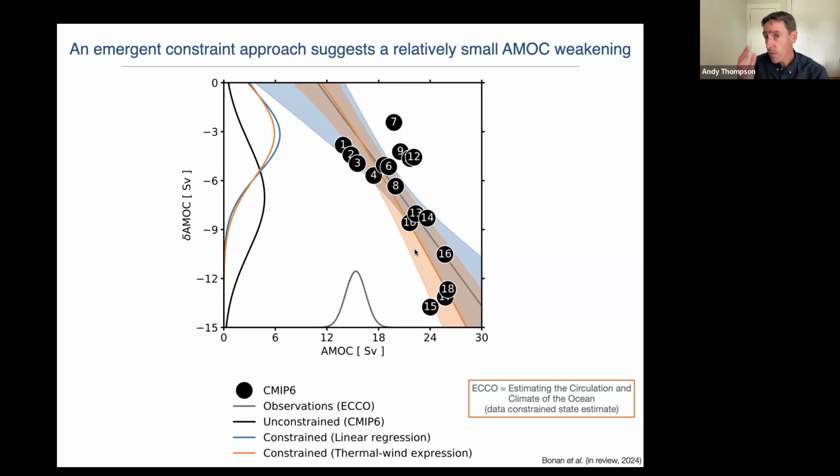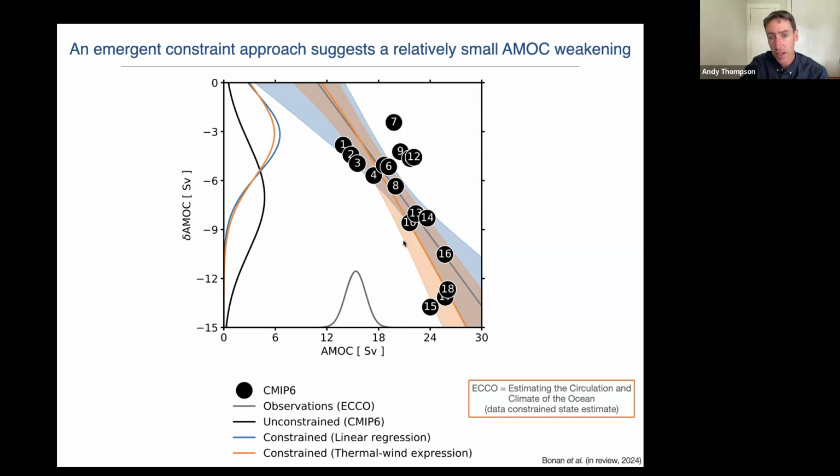It has been pretty well known and recorded in the literature that there is a strong correlation between the present day strength of the AMOC and the actual change in AMOC. So for stronger present day AMOCs, you tend to get a larger response. For weaker present day AMOCs, you tend to get a weaker response. And the simplest thing you could do here is just do a linear regression to these different models to give you the potential spread for the changes in AMOC.